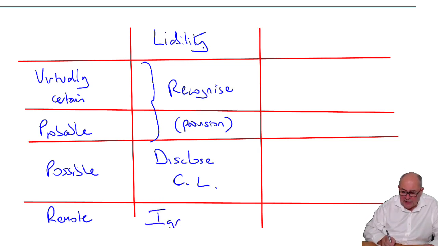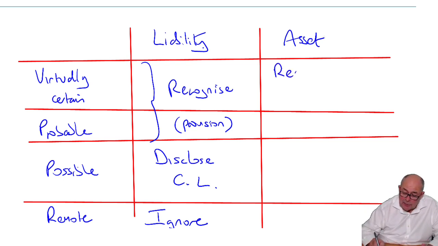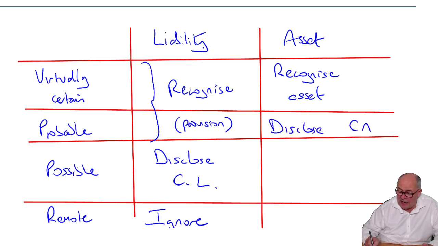If it's remote, it doesn't matter. I would ignore it. On the asset side, it's slightly asymmetric, it's slightly different. On the asset side, I would only recognise the asset if it was virtually certain. If it's probable, I'd disclose a contingent asset. Anything below, I'd ignore.